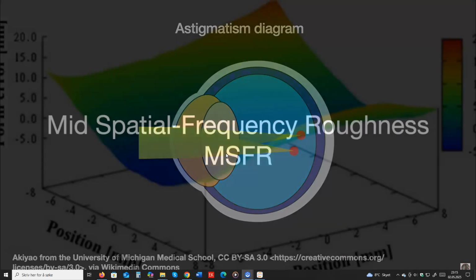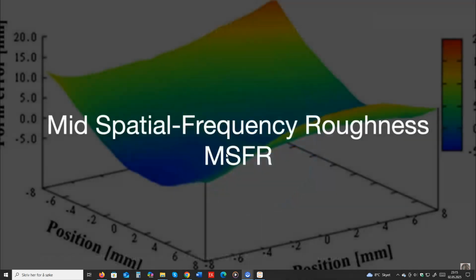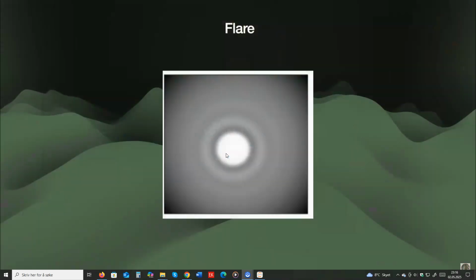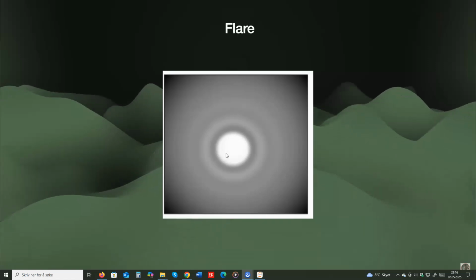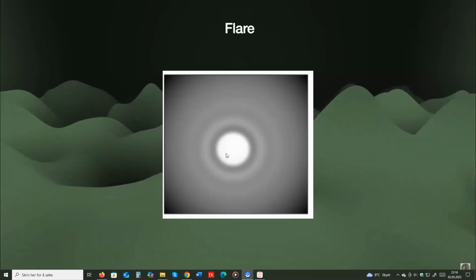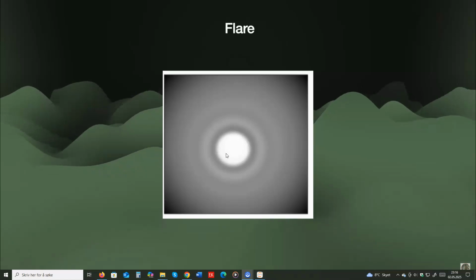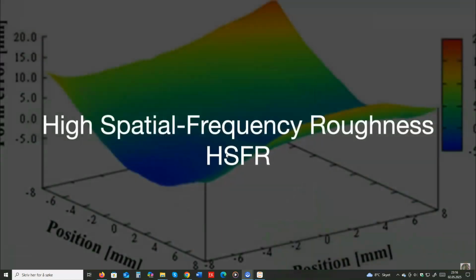Then there are mid-spatial frequency roughness defects. These errors have shorter wavelengths. Think medium-sized ripples spaced apart by about 1 millimeter to 1 micrometer. These errors scatter light in such a way that cause light to fall into areas that are supposed to be dark. These are flares, otherwise known as halos. And then there are high spatial frequency roughness defects, even finer ripples spaced out by under 1 micrometer.